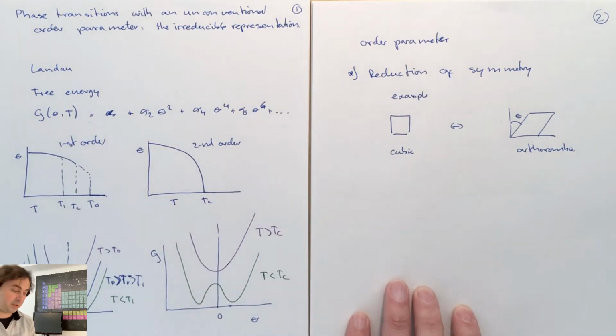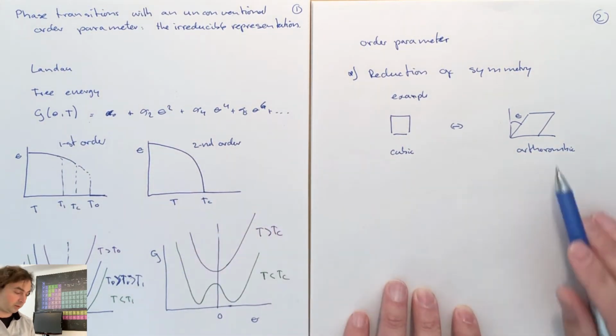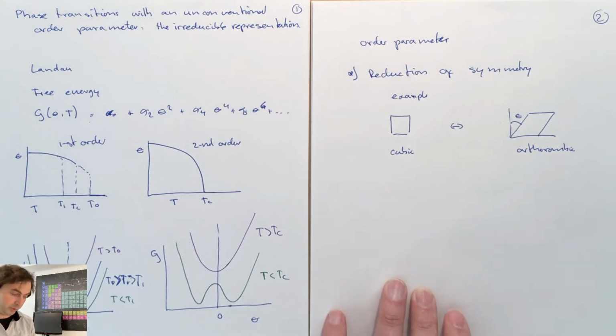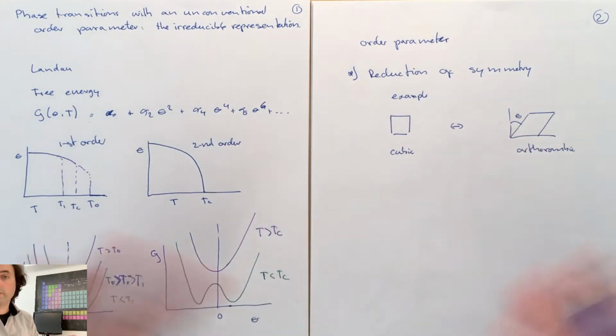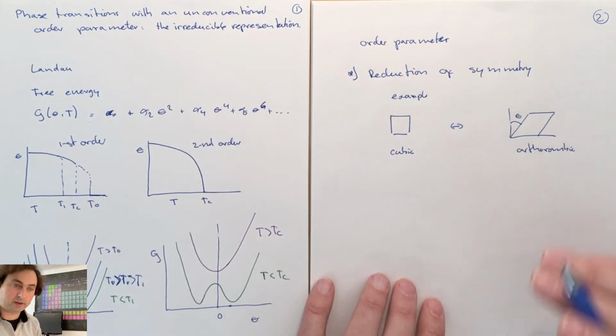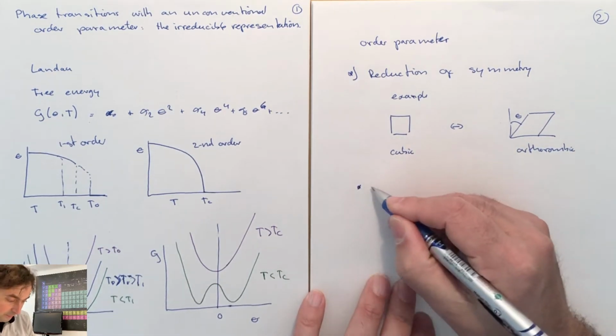So your high temperature phase is the symmetric cubic one, and your low temperature phase is then the distorted orthorhombic one. And of course, for different types of lattices you can define your order parameter in different ways.